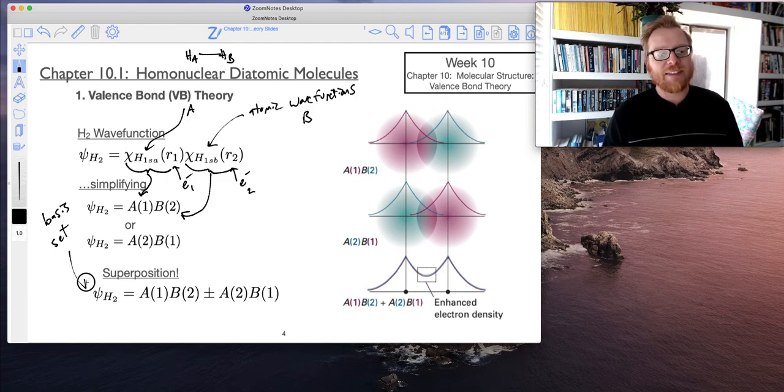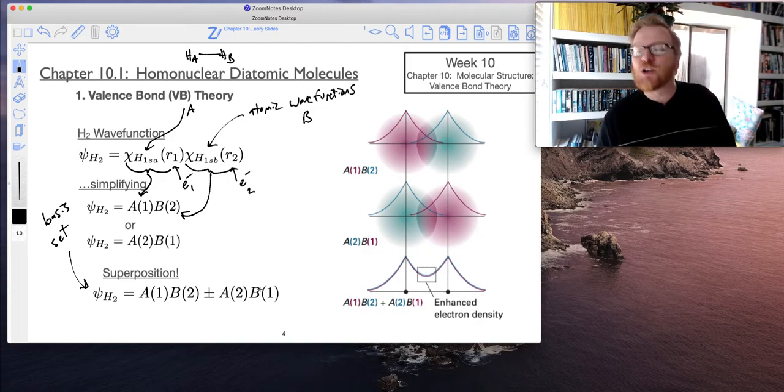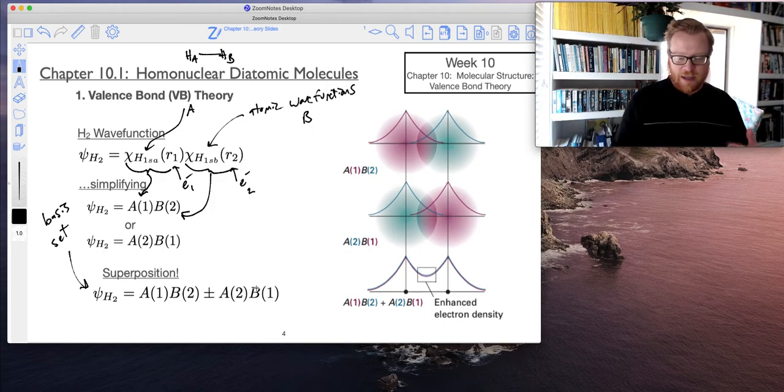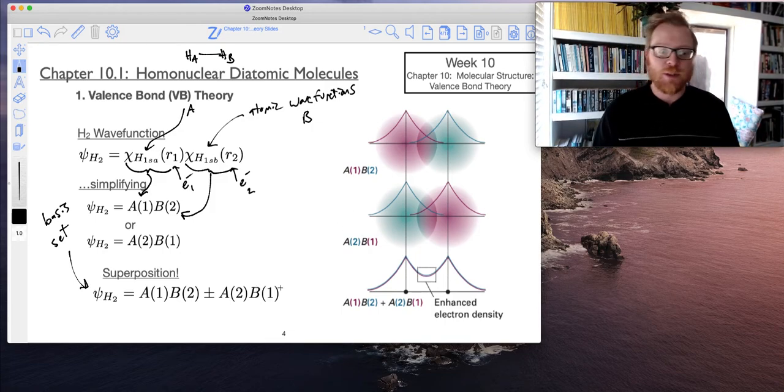When we put that basis set together to make a superposition of those atomic orbitals, we get A1B2 plus or minus A2B1, because we don't know which one is the acceptable changing of labels. And so in the superposition, both the plus and minus state are possible. And there are consequences between those plus and minus states. We'll deal with those as we go.